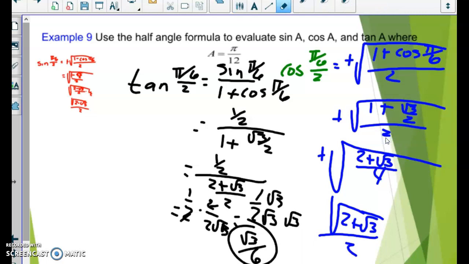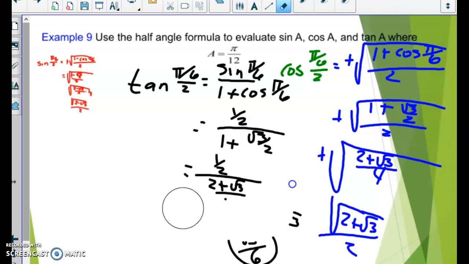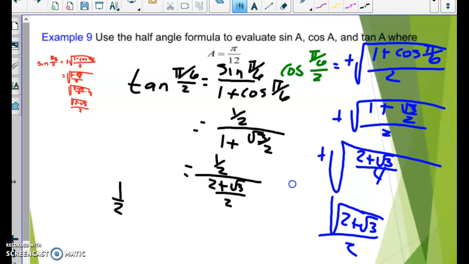I definitely paused there afterwards because I think I have something wrong, and I want to make sure that I don't leave it wrong. I think I changed that 2 plus root 3 into 2 root 3 when I multiplied by the reciprocal. So let's redo that, times 2 over 2 plus root 3, which is different than 2 root 3.